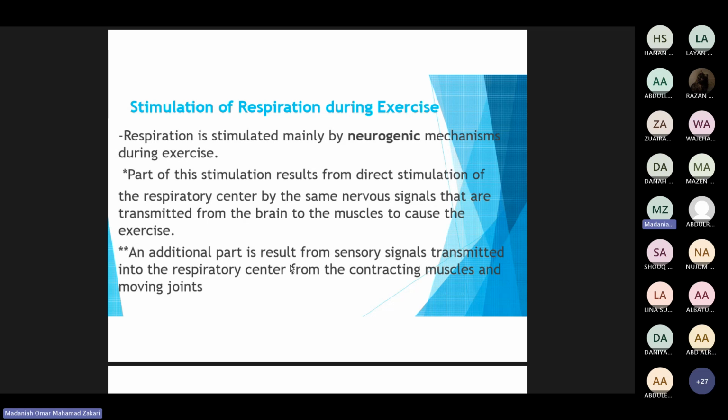We also have an additional part that results from sensory signals transmitted into the respiratory center from the contracting muscles and moving joints, and this is also important because sensory signals also help in sending output from the brain to the muscle to contract.